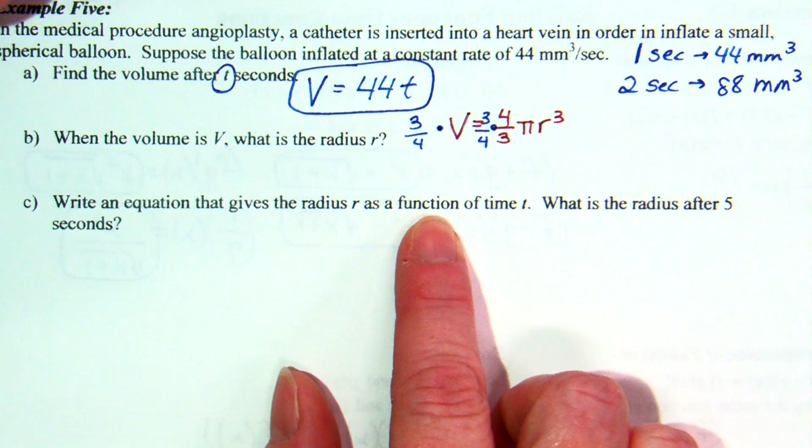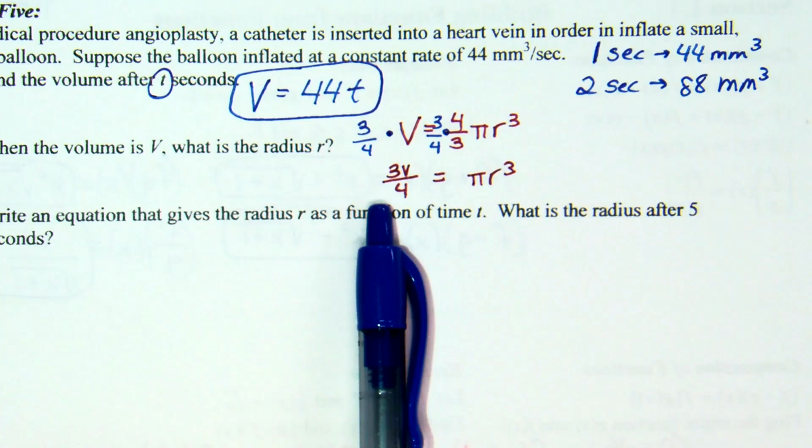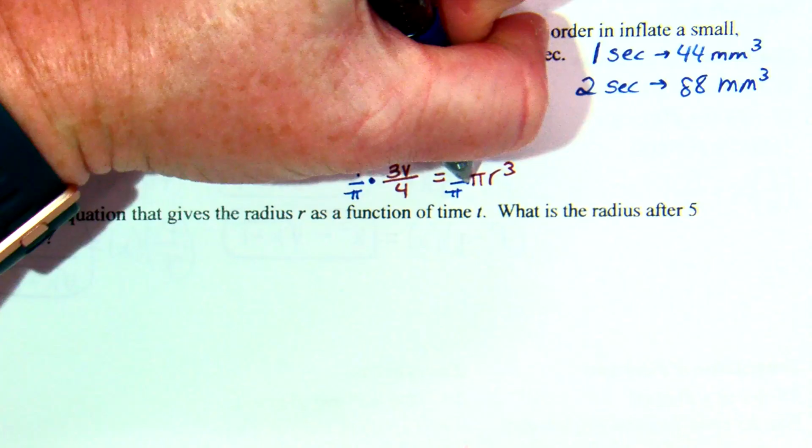If you didn't already get rid of the pi in the first step, we need to get rid of the pi now. If it's pi times r cubed, divide by pi. Dividing by pi is also multiplying by 1/pi, the reciprocal. So officially I'm going to multiply by 1/pi. Now r cubed is by itself.